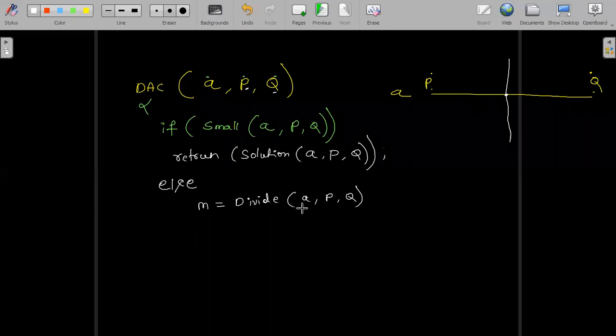Which array are you dividing? You add the first index and last index and divide by 2, and you get the middle. That is the reason why I have taken m here. M is nothing but mid.